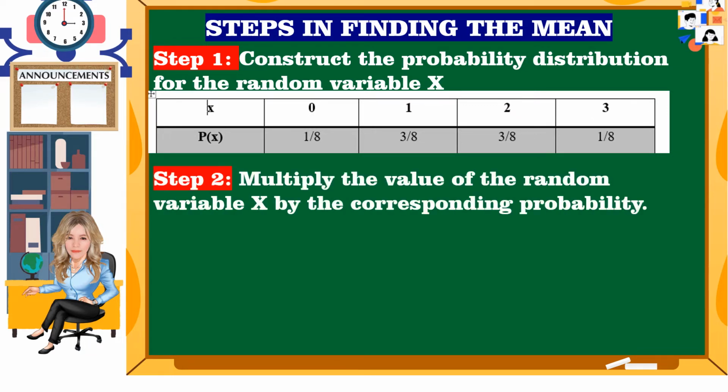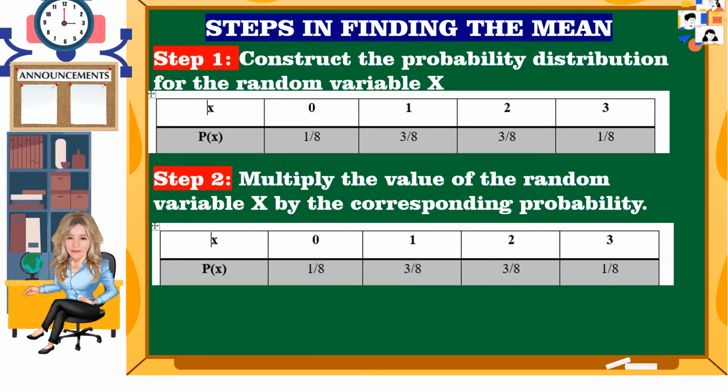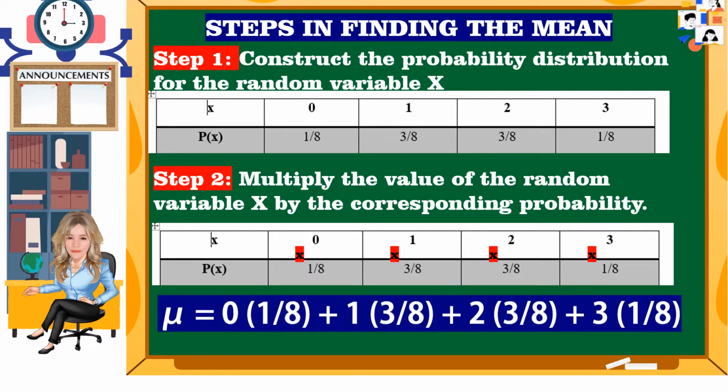Next step, multiply the value of the random variable x by the corresponding probability. It will give you 0 multiplied to 1 over 8, 1 multiplied to 3 over 8, 2 multiplied to 3 over 8, and 3 multiplied to 1 over 8.